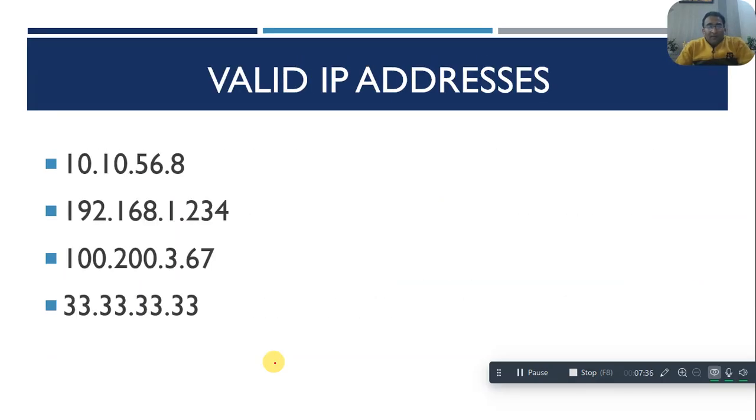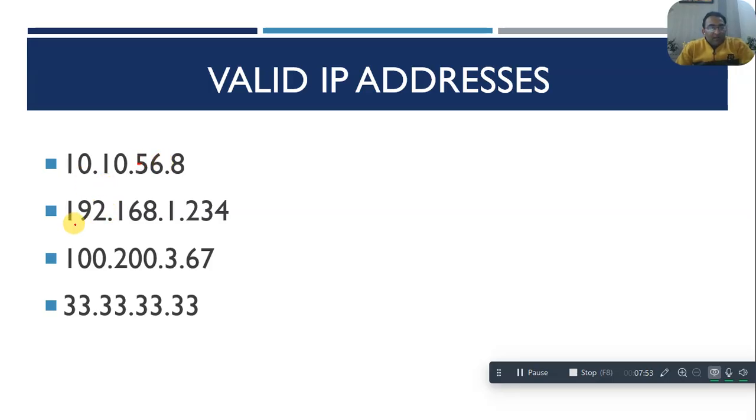Now let us take an example of some valid IP addresses. The first is 10.10.56.8. This is a valid IP address because all the numbers are between 0 and 255.